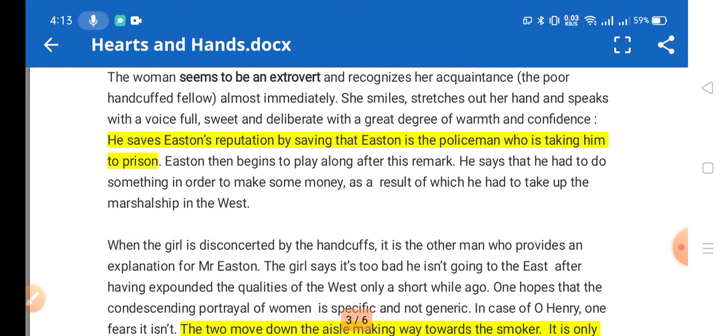speaks with him, Mr. Easton, and she became shocked to see why the handcuff is there. Also, what Mr. Marshall did: Marshall is a high rank officer, so he saves Mr. Easton's reputation by stating that actually he is the prisoner and Mr. Easton is a marshal.